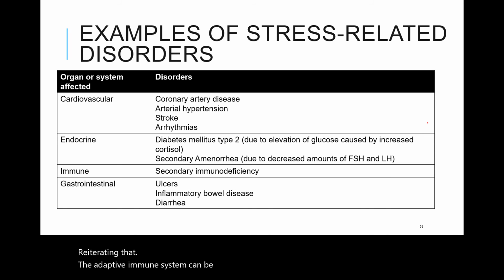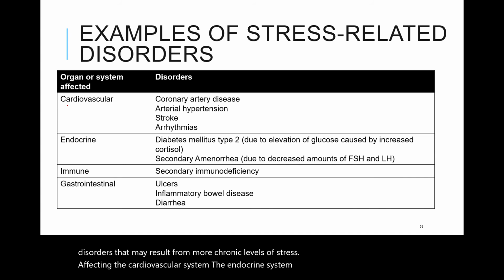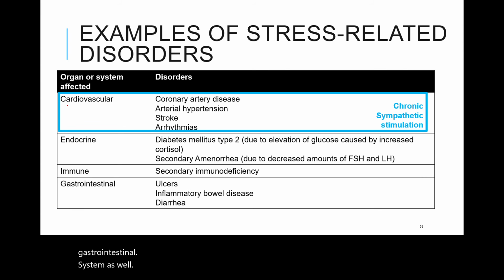What we can see here is a number of clinical disorders that may result from more chronic levels of stress, affecting the cardiovascular system, the endocrine system, our immune system, as well as our gastrointestinal system as well. Cardiovascular disease is largely owing to chronic sympathetic stimulation.